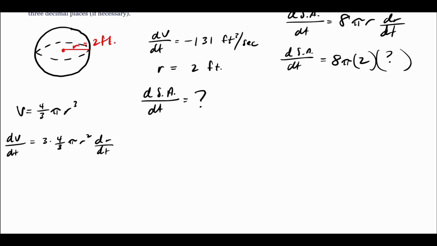I know dV dt, negative 131. 3 over 1 times 4 over 3 is 12 over 3, which is the same thing as 4. R squared dr dt. We know r, it's 2. I don't know dr dt though.